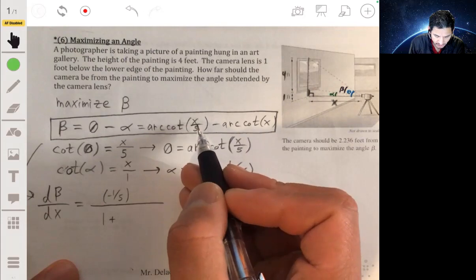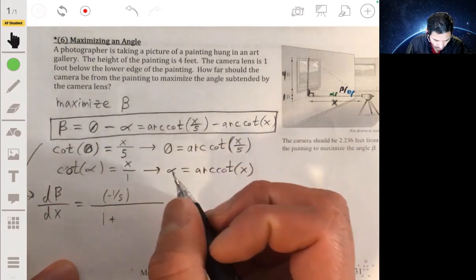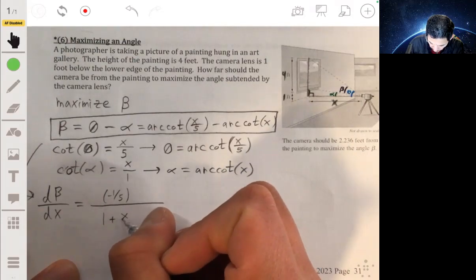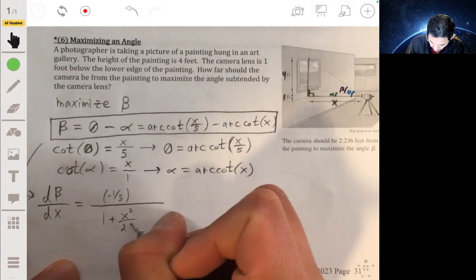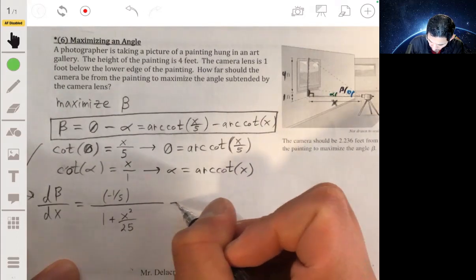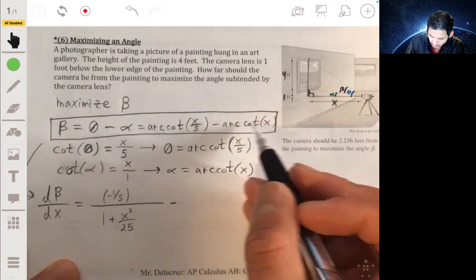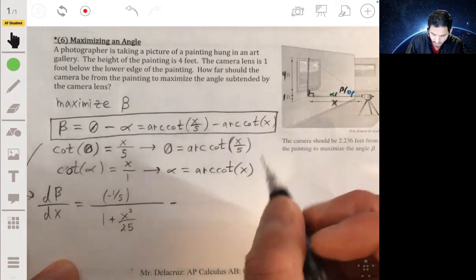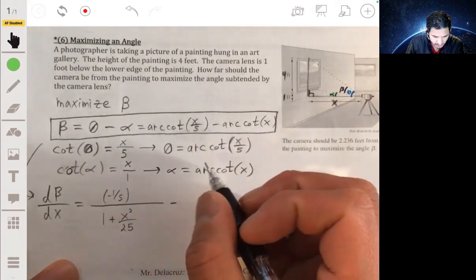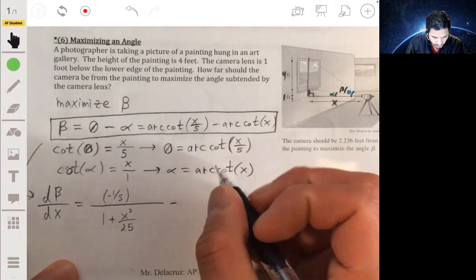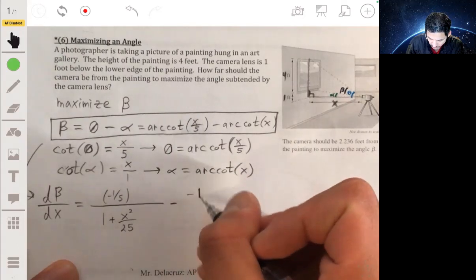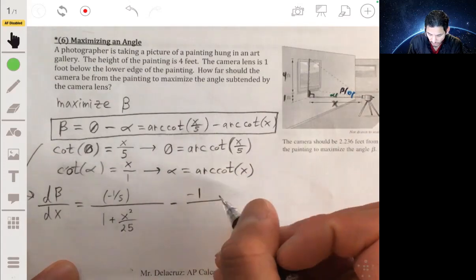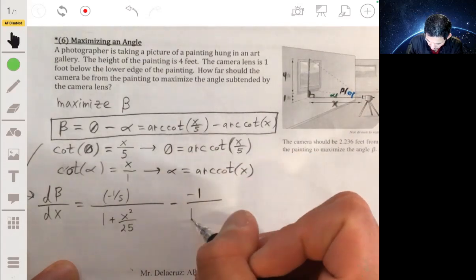So 1 plus x over 5 squared. So 1 plus x squared over 25. Minus the derivative of the arc cotangent of x. No u substitution here. So the top then would just be a negative 1 over 1 plus x squared.